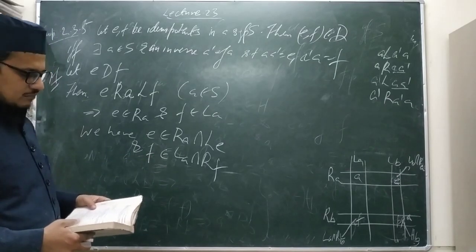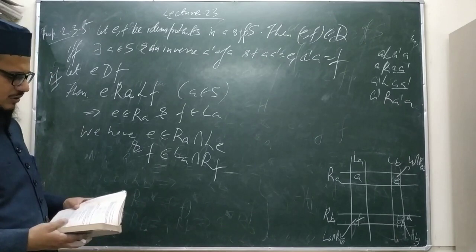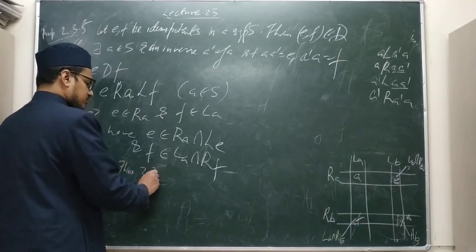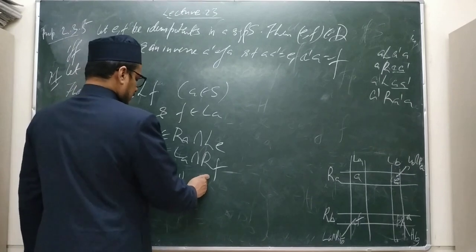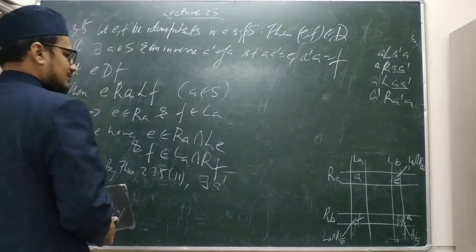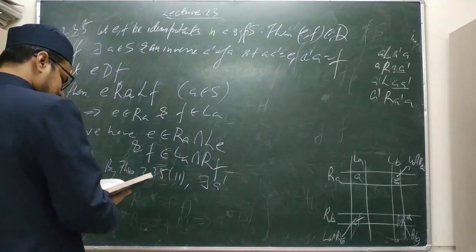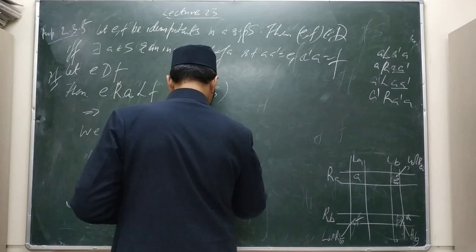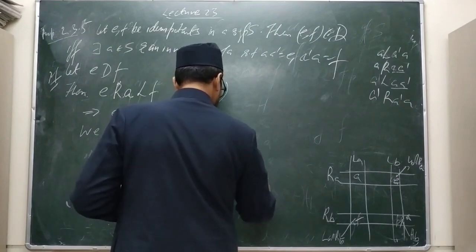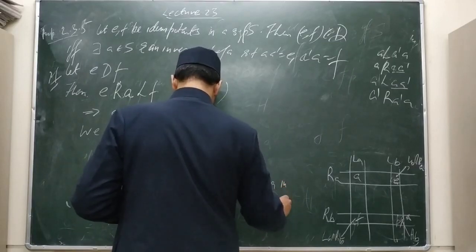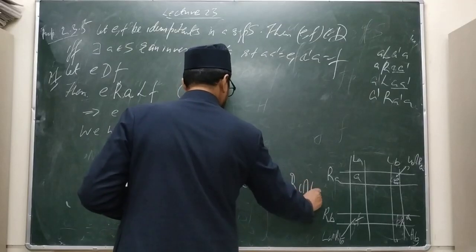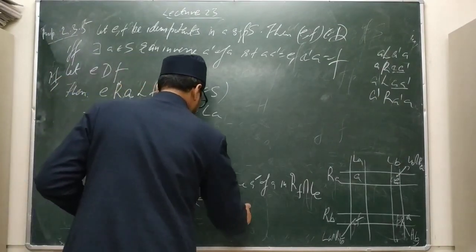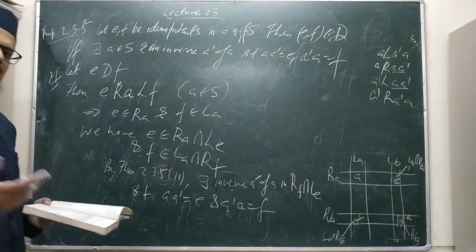Then H_B contains an inverse A dash of A such that A A dash is equal to E, A dash A is equal to F. So by theorem 2.3.5 second part, there exists an inverse A dash of A in R_F intersection L_E such that A A dash is equal to E and A dash A is equal to F. So this is the first part, half is proved.